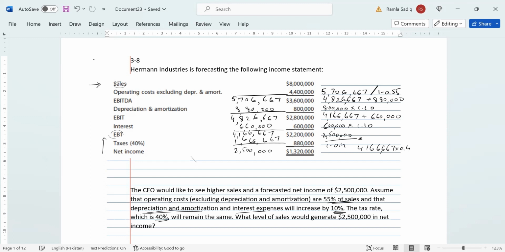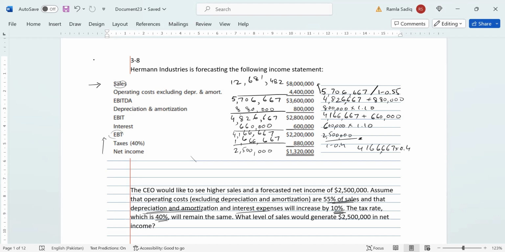It's the same method that we can apply to calculate our sales. And that basically means our calculation here is 12,681,482.